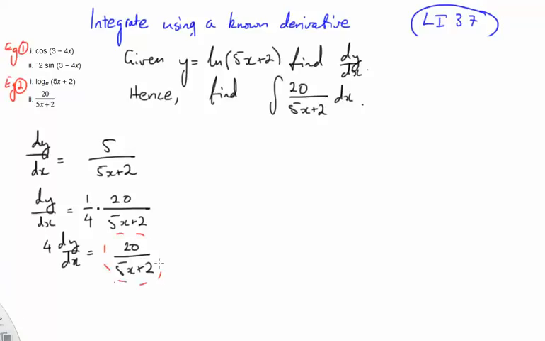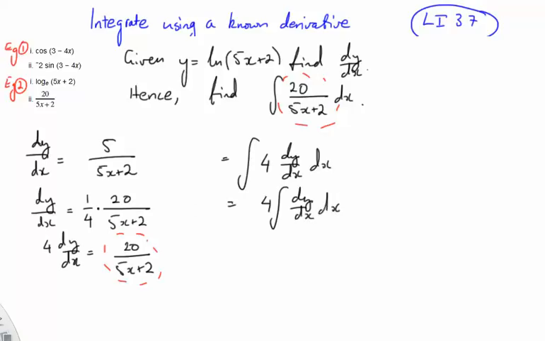Then you can see that's the same as that, so you can sub this in, which equals 4 times the integral of dy/dx dx. That whole thing, the integral of the derivative, is just the original function. So that's 4y, and y equals the natural log of 5x plus 2. So the answer is 4 natural log of 5x plus 2, plus c.